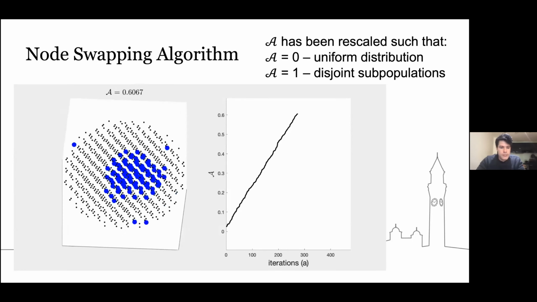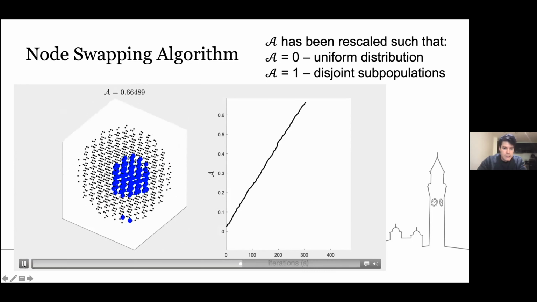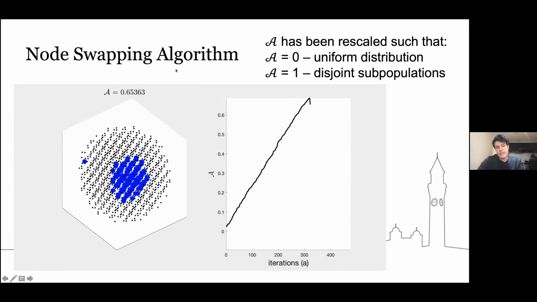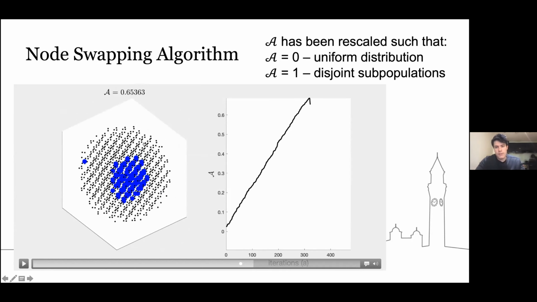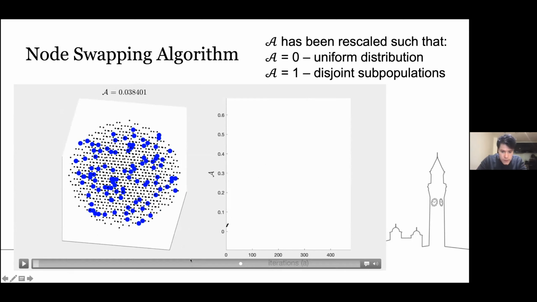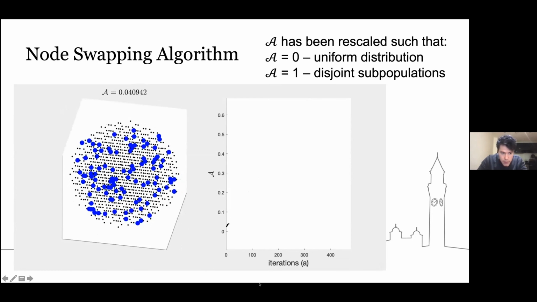In the final state, you have a single cluster of cells in the center, and this is the maximal spatial assortativity that you can have given the initial condition and the ordering of the swaps that occurred. Okay, so there we go.